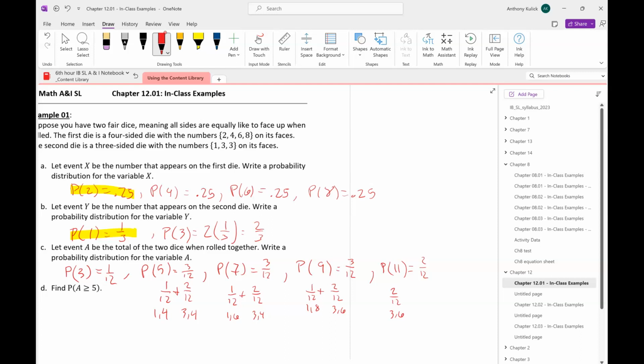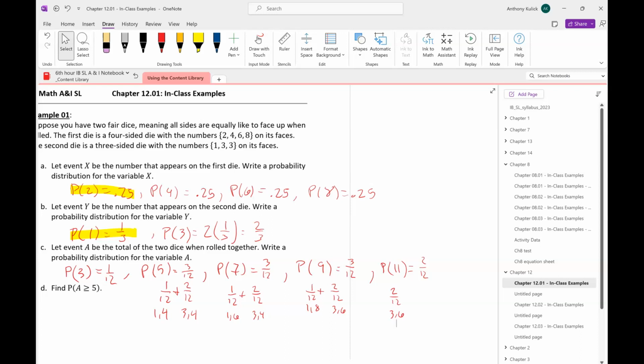How do you guys feel so far? Was that one okay? Alternatively, you could have drawn a tree diagram to make sure you counted all the outcomes. I don't think that's really necessary for this.